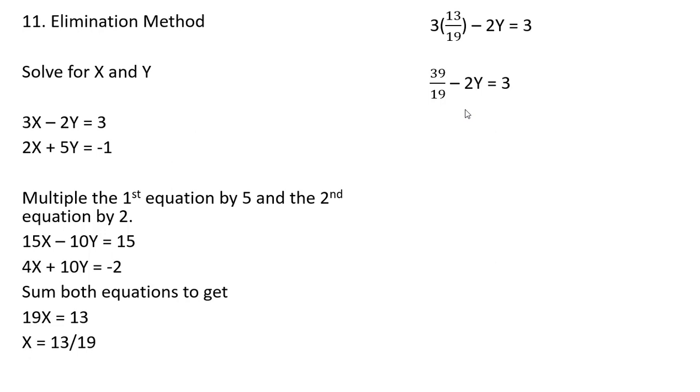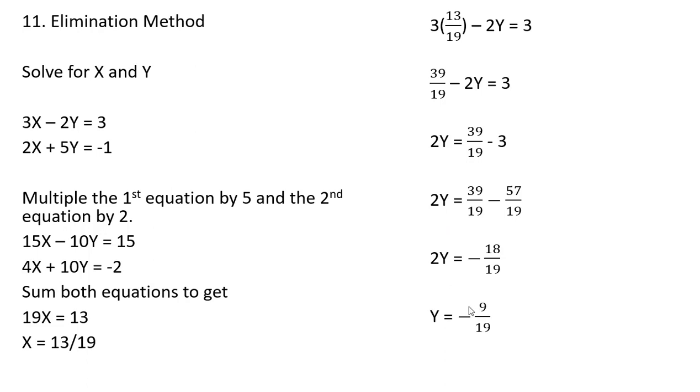Simplifying this to solve for y. 3 times 13 is 39. Moving this 39 divided by 19 over to the other side. And simplifying further. Dividing through by 2. Y equals negative 9 divided by 19.